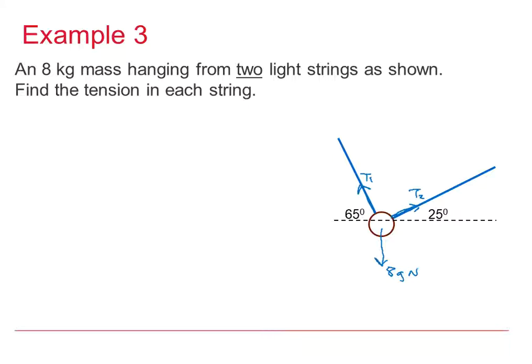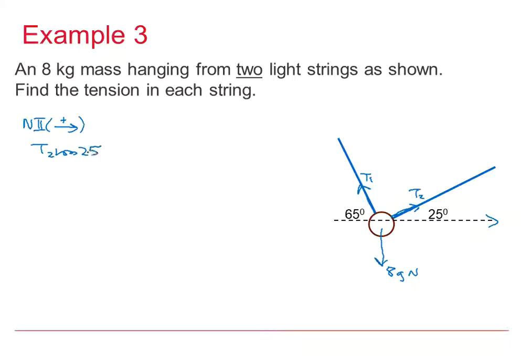So there are 3 methods. The first traditional method is to carry on using Newton's second law. So one approach is to do Newton 2, I'm going to take to the right as positive. So how much of this T2 is pulling horizontally? Well, if we imagine a little triangle here on the T2, the horizontal component would be T2 cos 25.